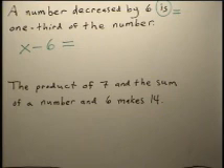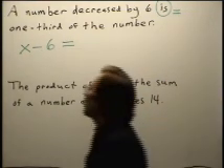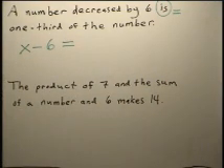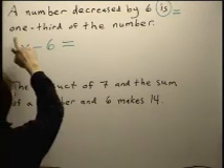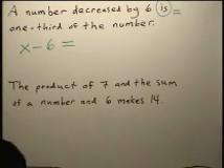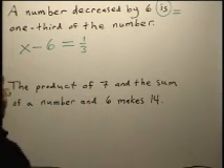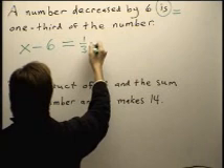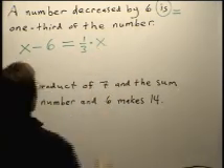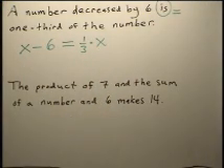So is, are, make, will be, produce, anything of this nature, we can translate as an equals symbol. Now, what is it equal to? 1/3 of the number. To get 1/3 of the number, we multiply by 1/3, using the same variable because we're talking about the same number. And so there's an equation, and now we can solve it.